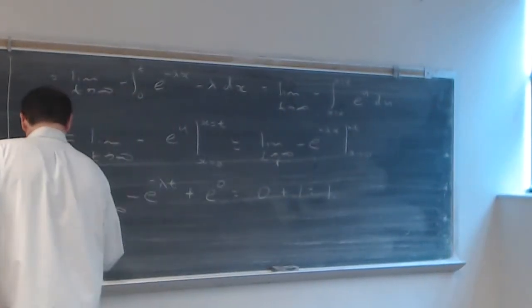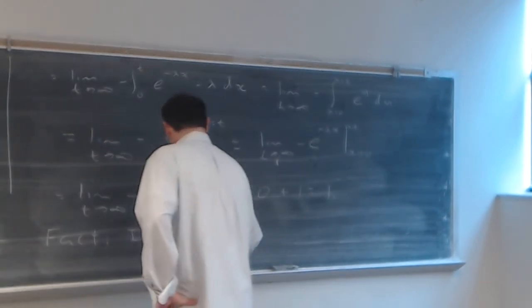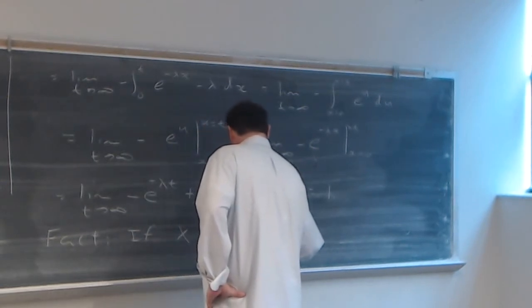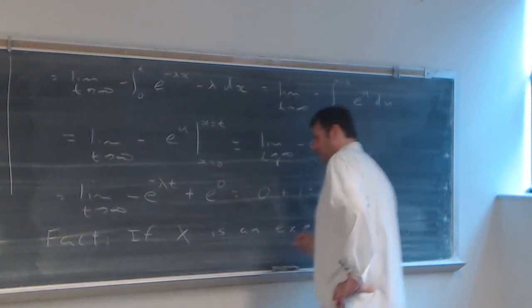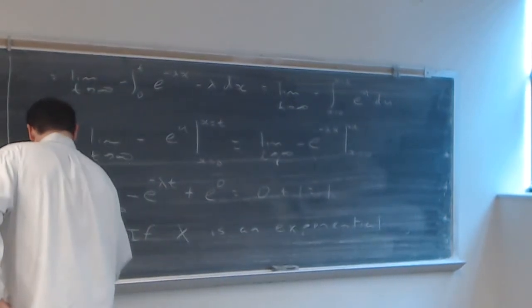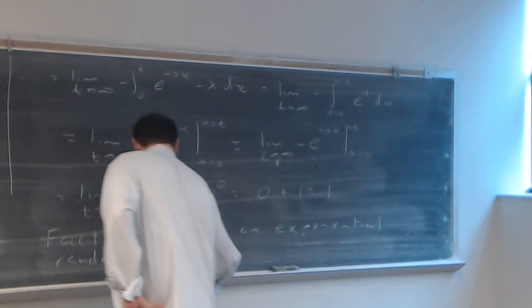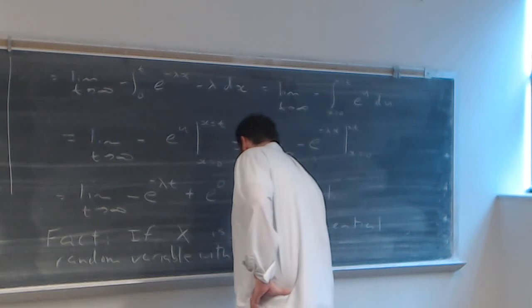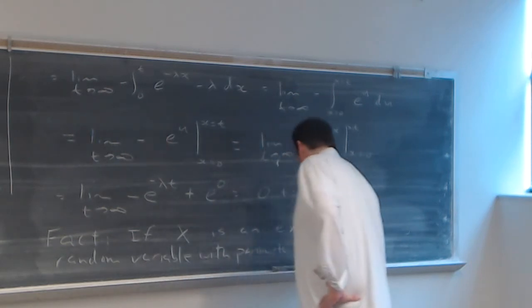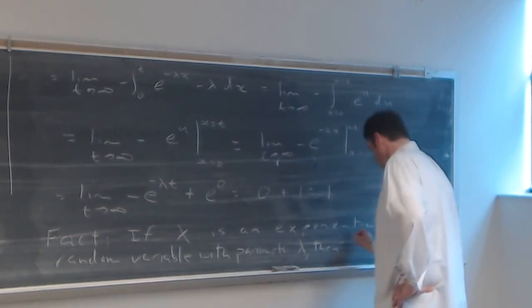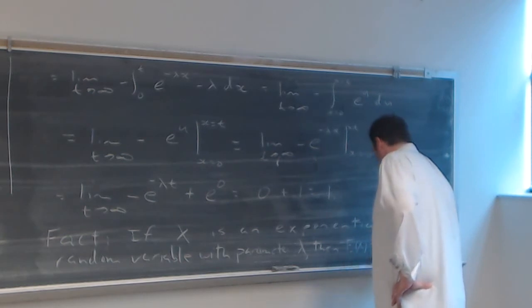As a fact, if x is an exponential random variable with parameter lambda, then the expected value of x is 1 over lambda.